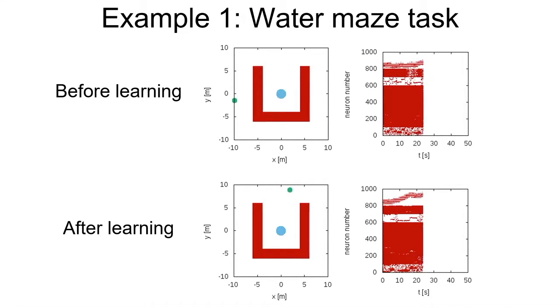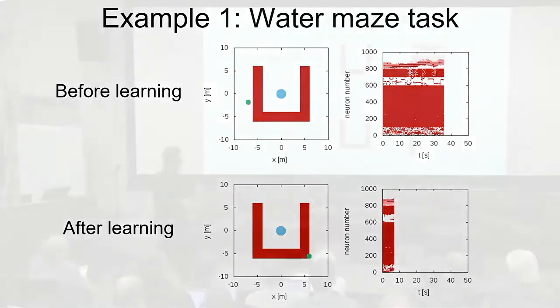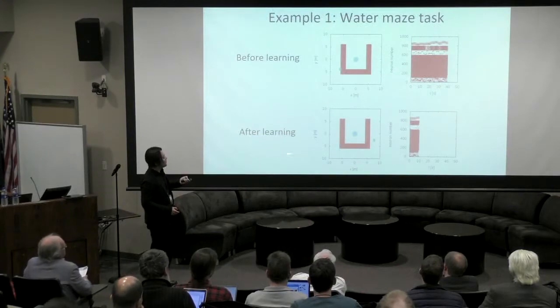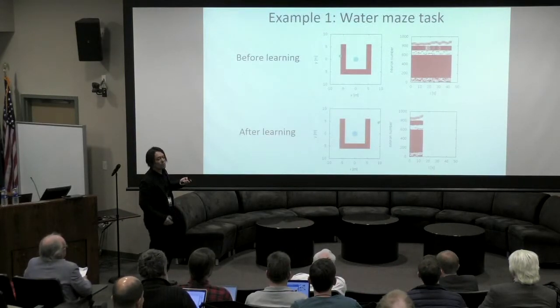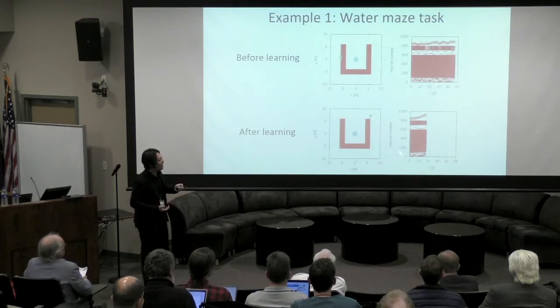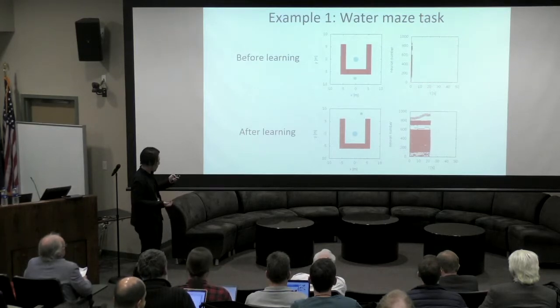The right figure shows the raster plot of the spiking neurons in the basal ganglia. The horizontal axis represents time, and the vertical axis represents the neuron number. On the other hand, after learning, the agent goes to the target almost straightforwardly while avoiding the obstacle. And this is, again, the raster plot of the neuronal spike patterns.